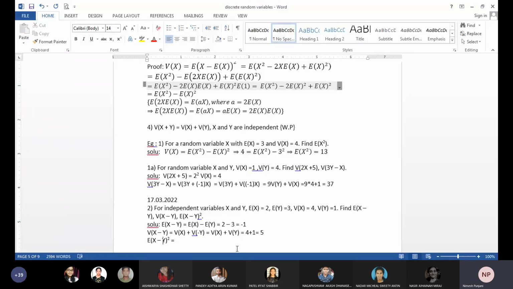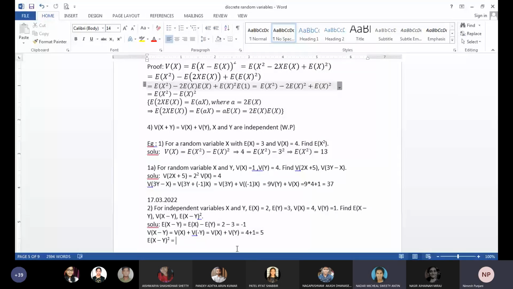How will you find expected value of x minus y the whole square? There are two techniques. Anyone?